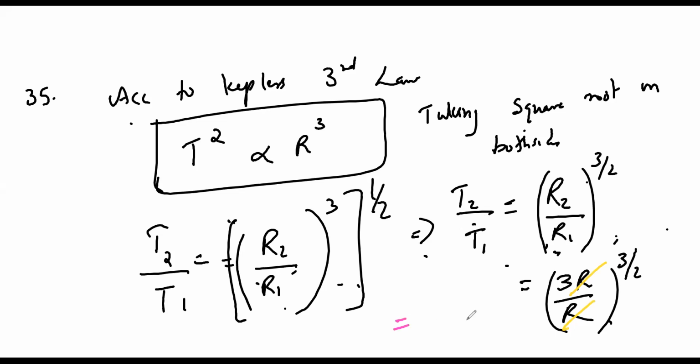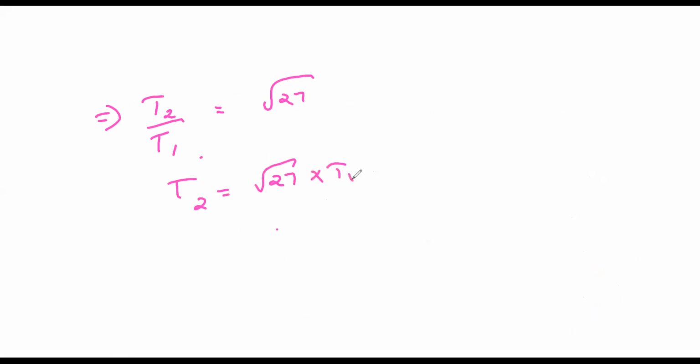Root 27. 27 whole power 1 by 2 is root 27. So I'll just go to the next page. T2 by T1 is equal to root 27. So this implies T2 is equal to root 27 T1. T1 is also given in the question, 4 hours. So 4 root 27 hours. That's it.